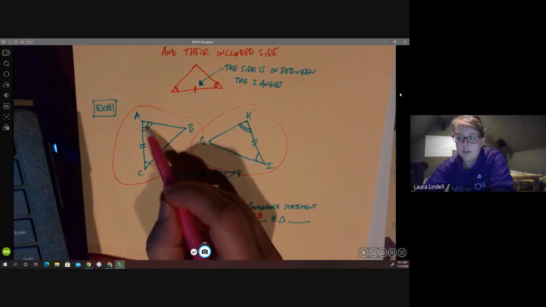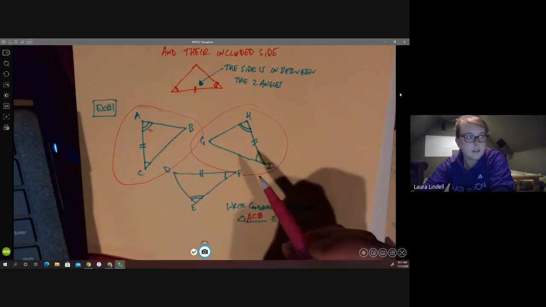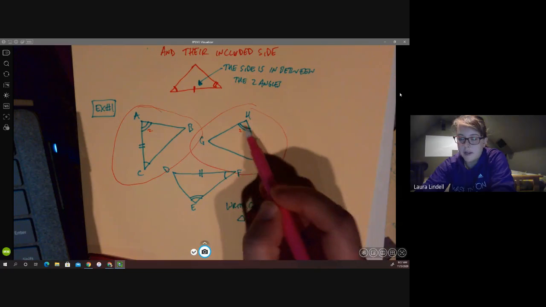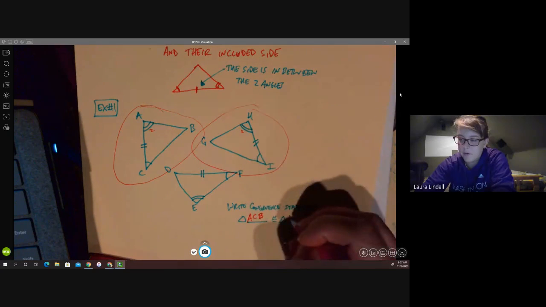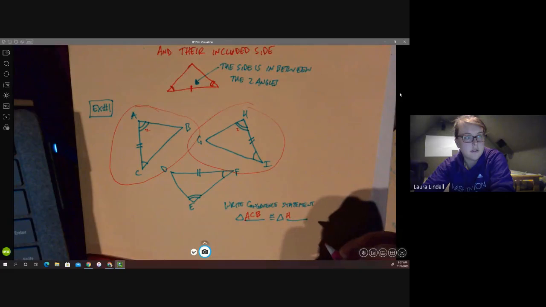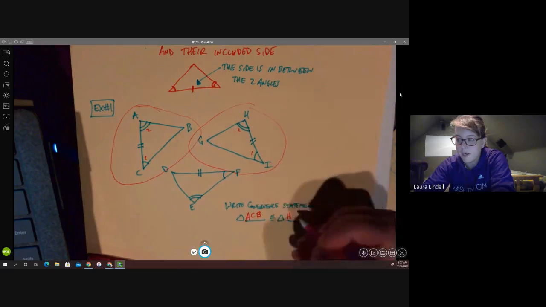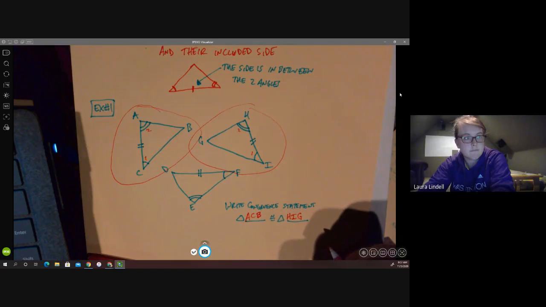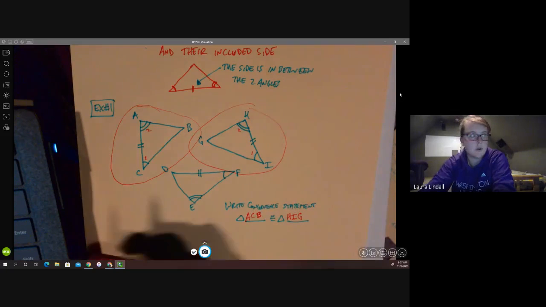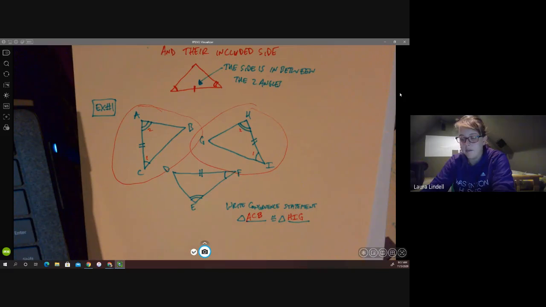So angle A over here has two arcs in the corner. Angle H also has two in the corner. So H would come first. Then I went to C. C has one, I has one. So I comes next. And then G comes last. So we have ACB and HIG. So that's one instance where we might see angle side angle used.